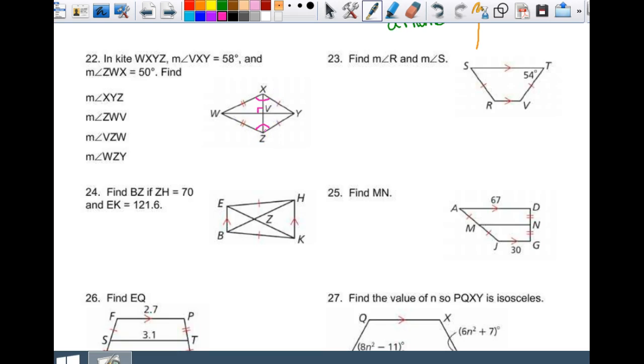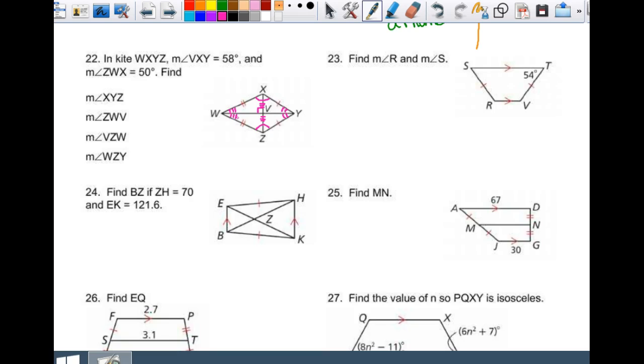Only one diagonal gets bisected, and it's this one because you've got congruent triangles there that can help you. And then these angles get bisected. So this one is congruent to this one, and this one's congruent to this one.